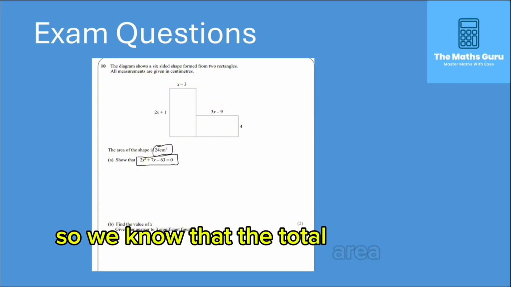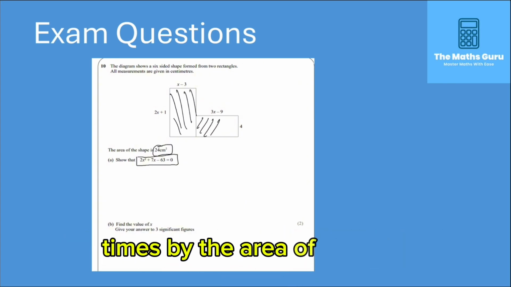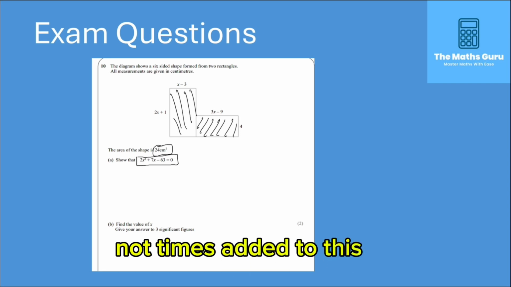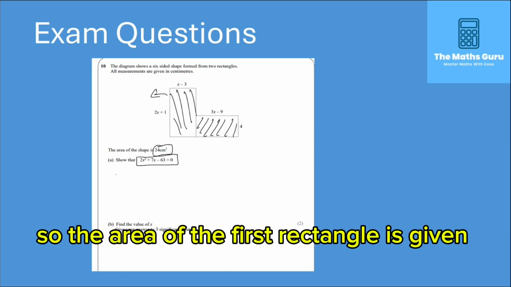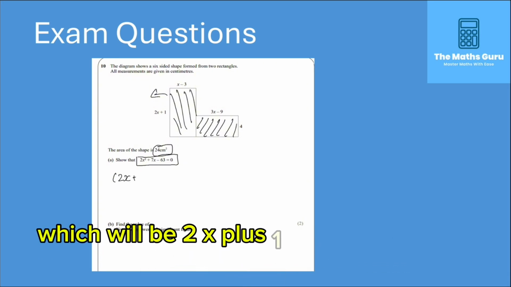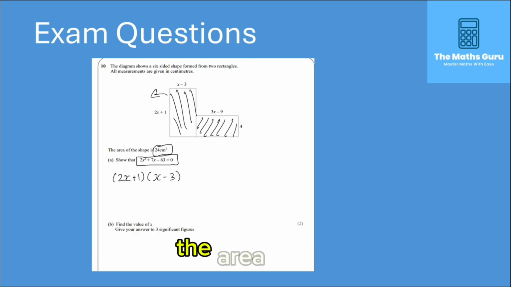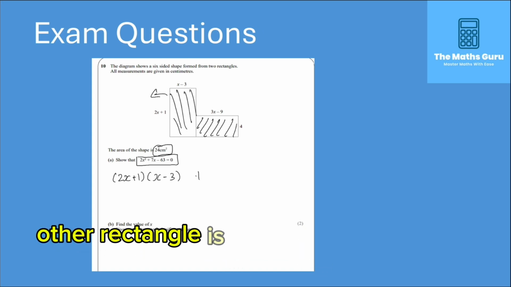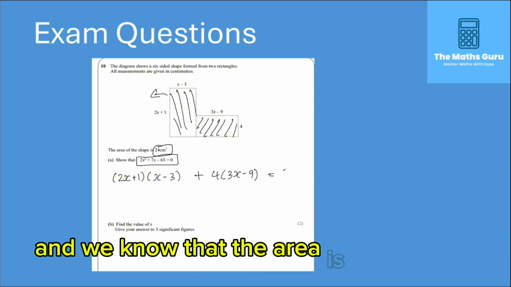So we know that the total area of the shape is the area of this rectangle added to the area of this rectangle. The area of the first rectangle is given by the length times the width, which will be 2x plus 1 times x minus 3. The area of our other rectangle is given by 4 times 3x minus 9. And we know that the area is given by 24.